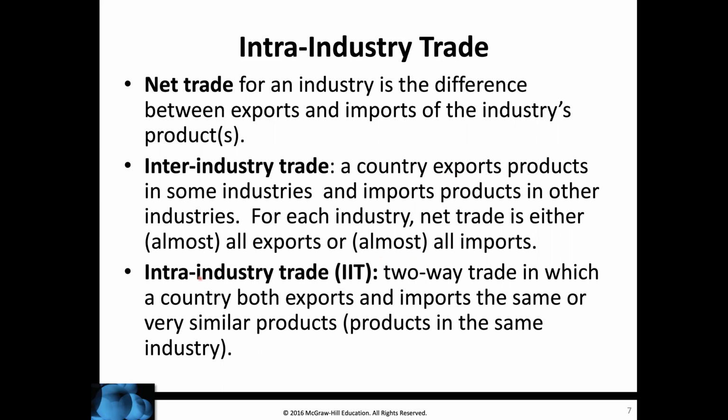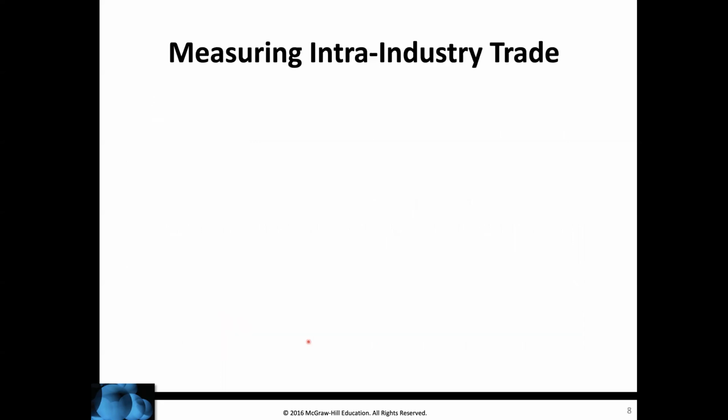And finally, we have intra-industry trade, IIT. This is two-way trade in which a country both exports and imports the same or very similar products. So, products in the same industry. So how do we measure intra-industry trade? We'll discuss how to measure it, and then we'll discuss why it might be important.